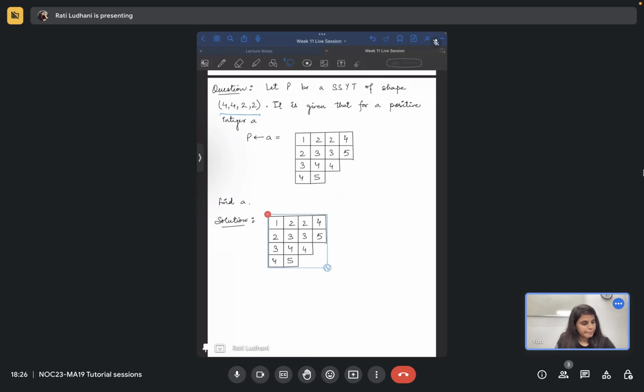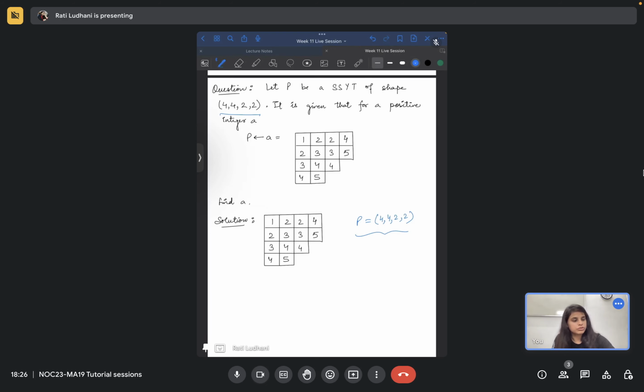Now you know that P is of the shape 4422. Sorry, not type, these are two different things. P is of shape 4422. Then there must be this part only. This must be the extra one. Okay, so let's start here.